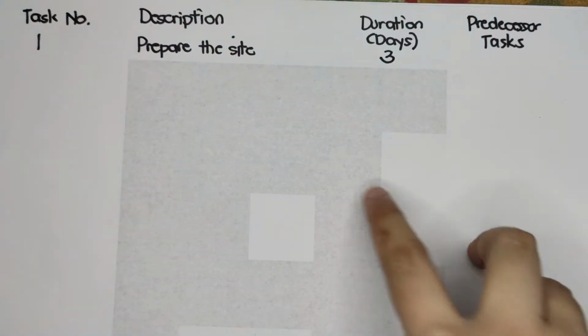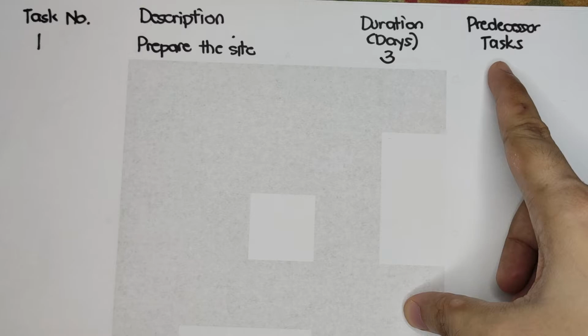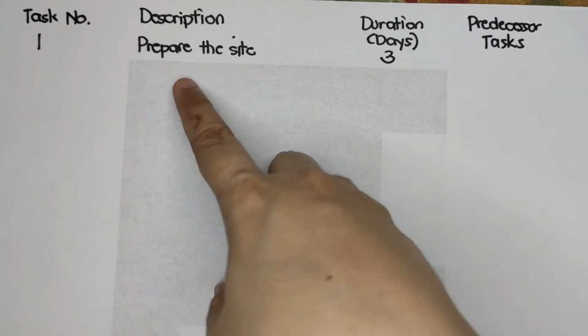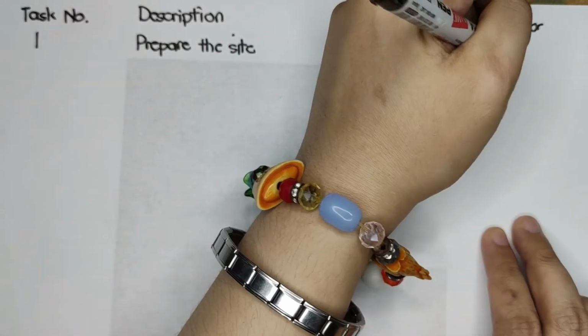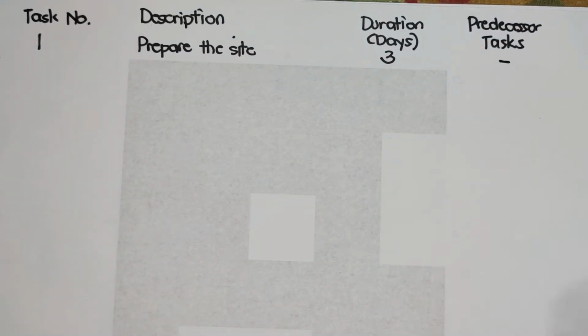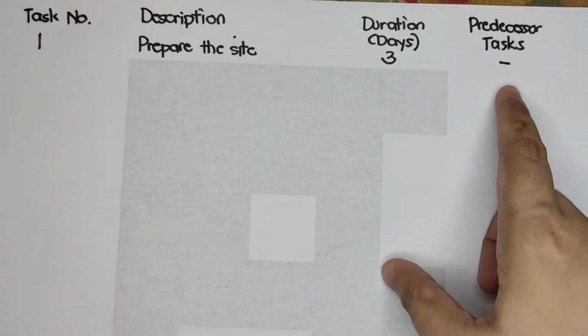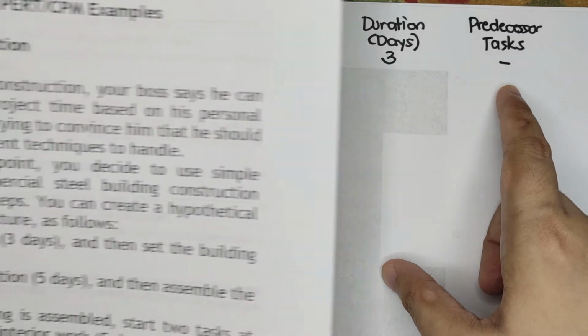For this first task, do you think it has a predecessor task? Actually, there is none because this is the first task. So let's just put a hyphen, meaning it does not have a predecessor task. So that is our task number 1: prepare the site, duration is 3 days, and there is no predecessor task.